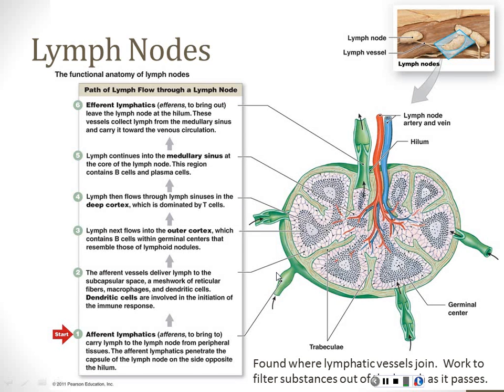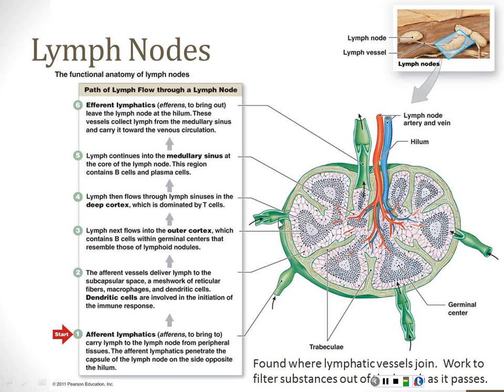So for example, if it's an axillary lymph node in the armpit, the fluid that enters it is going to come from the hand, from the arm, from the lower arm and upper arm, right? So it's flowing up towards the chest, up towards the subclavian veins. And remember, this fluid that's coming in is likely to have all kinds of stuff in it that we wouldn't want circulating in the body: bacteria, debris, viruses, things that you'd want to filter out before that fluid went back into the blood.